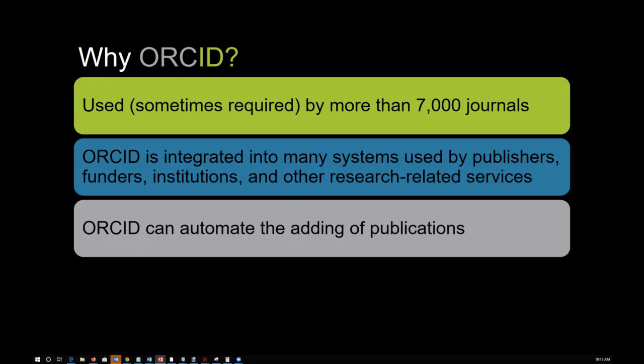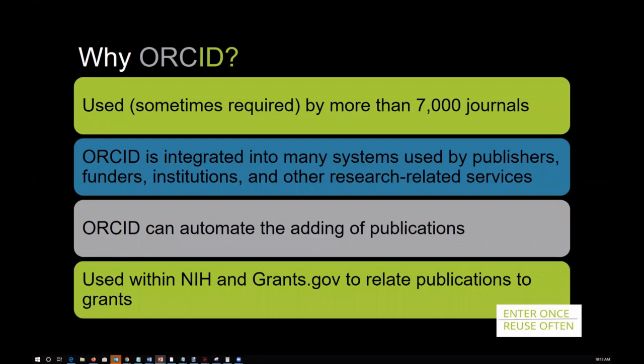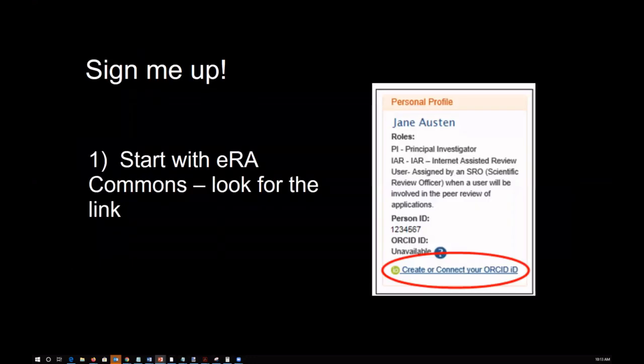What if the information that you're already building for funding information can now be easily pulled into a person's CV for their publication and tenure process? It does automate the adding of publications, but there's also the option to manually enter that. And it is used by NIH, now NSF, to hopefully populate those platforms as well.